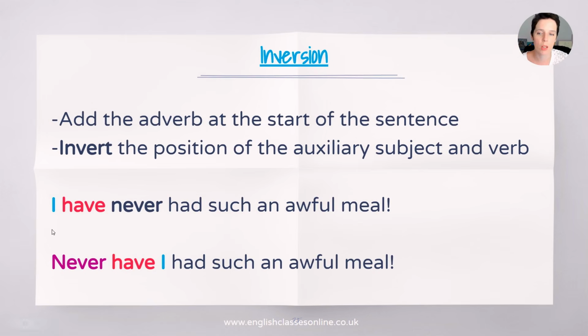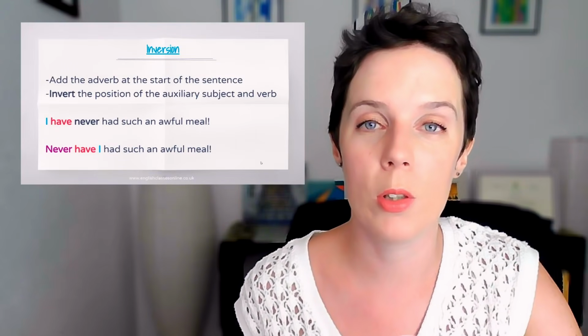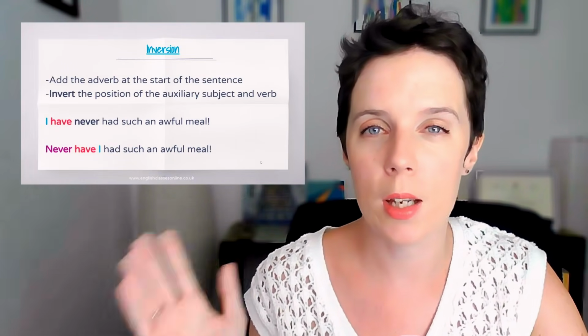So instead of saying I have never, you can switch never to the front and then invert have and I. Never have I had such an awful meal. Okay, so again, it gives it more of a punch, makes it more emphatic, okay? All right, so that's inversion. That's how you can use it in your essay to get some higher points.